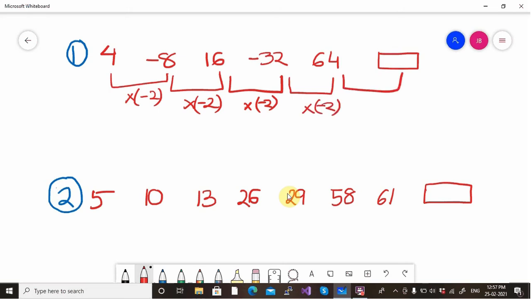So 64 into minus 2, what will the answer be? Of course, it will be minus 128.